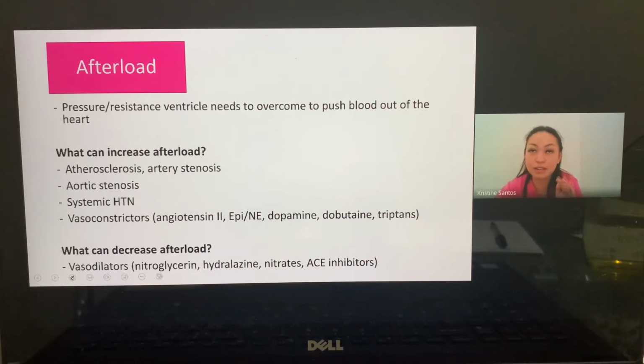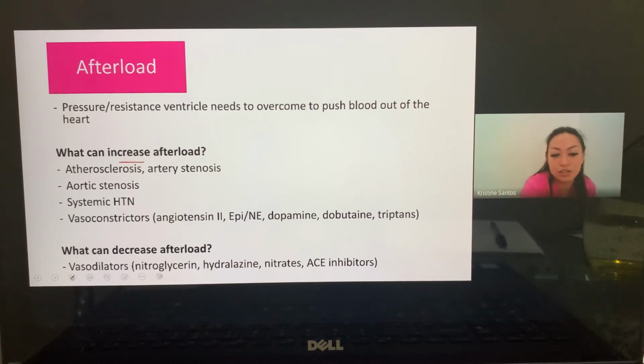Remember that the right ventricle pushes blood to the pulmonary circulation, right? If we have a high pulmonary pressure, in the case of pulmonary hypertension, that will increase our afterload. Similarly, if we have high systemic arterial pressure, which means we have systemic hypertension, the left ventricle needs to overcome that increase in pressure to be able to pump blood out.